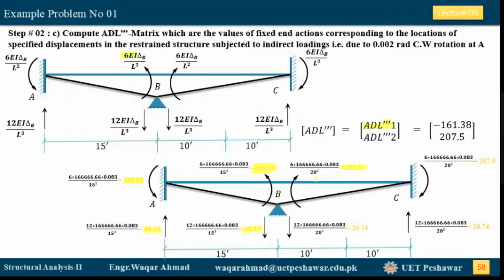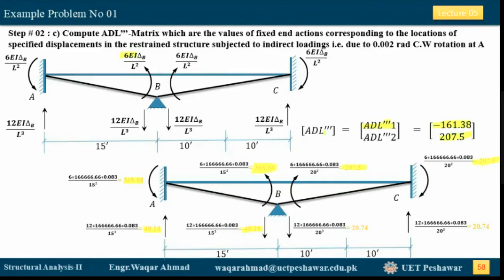So minus 368.88 plus 207.5 gives minus 161.38. This is the value corresponding to D1. Now corresponding to D2, the value A_R2 triple dash is 207.5. So now we are done with this matrix also.